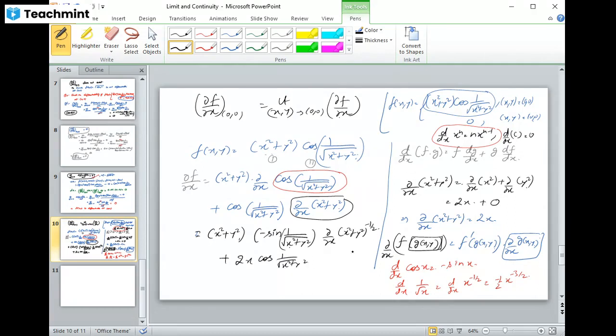Right? And now I'm going to differentiate this function again. Again, it is a composition of the function f of g of xy. So if I again differentiate this, what do we get?